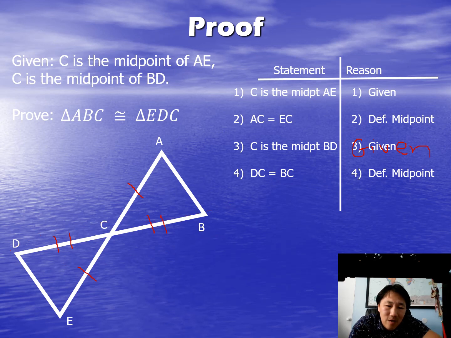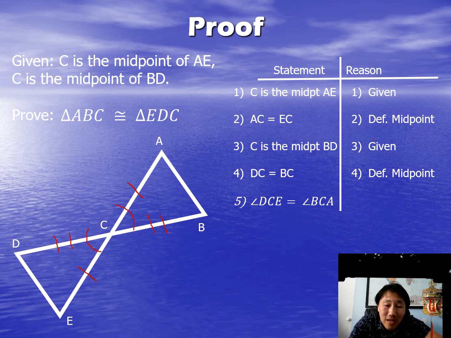All right, so we got two pairs of sides. What else do we have? I think you might know. I think this angle might be equal to this angle. Now, most of you might say angle C is equal to angle C. Remember, that's not good enough. We want to use three letters. Angle DCE is equal to angle BCA.